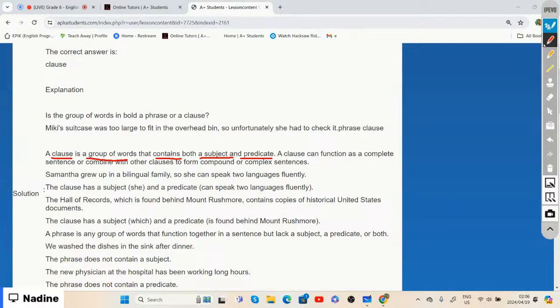For example, Samantha grew up in a bilingual family, so she can speak 2 languages fluently. That is a compound sentence. In this case, the clause has a subject, which is she, and the predicate, can speak 2 languages fluently.